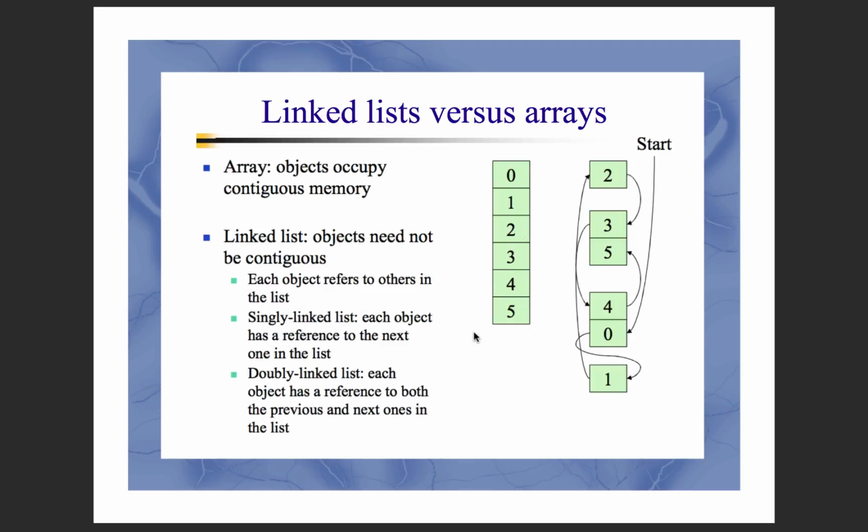The elements are kept in memory in a scattered way. For example, if you think of this as an array, you can see that all the elements are contiguous, kept all together. But if you consider a linked list, you can see that those are not contiguous.